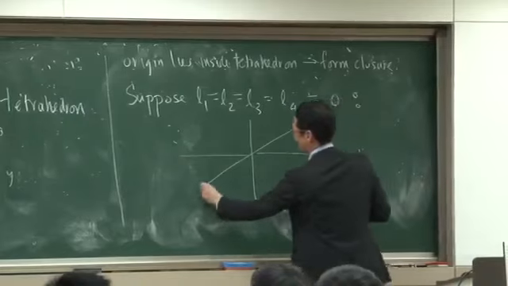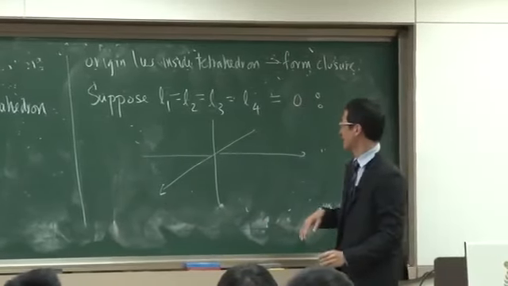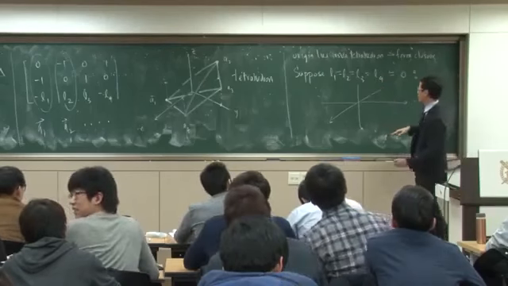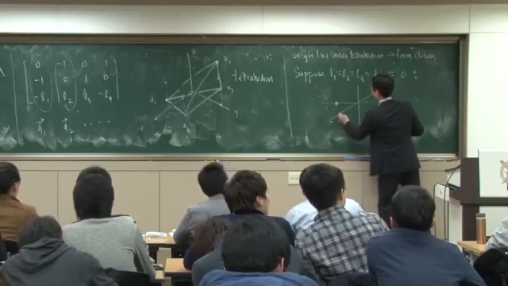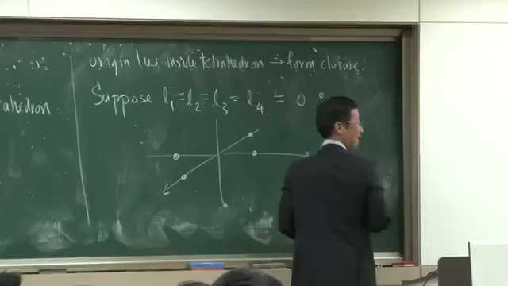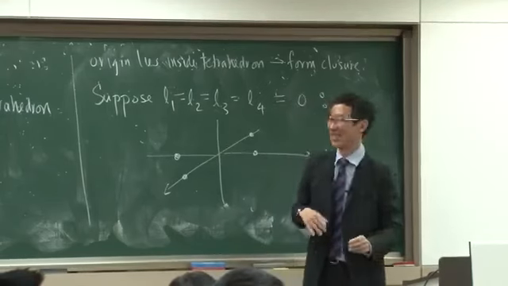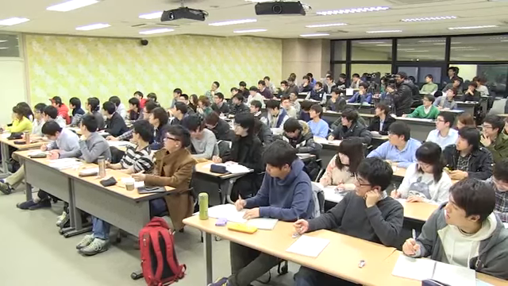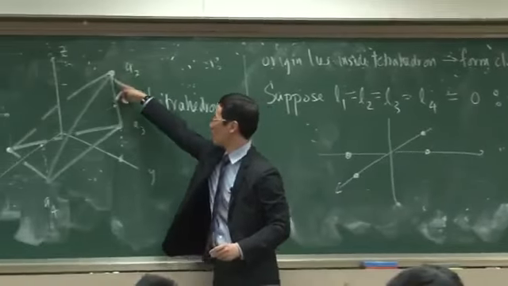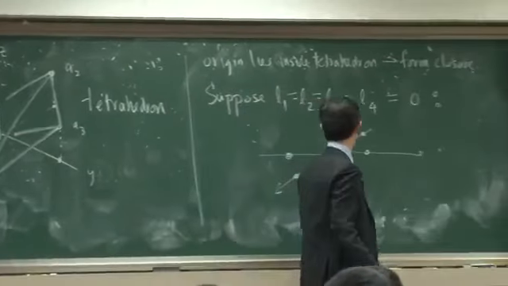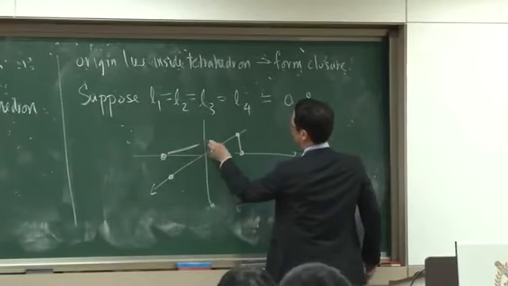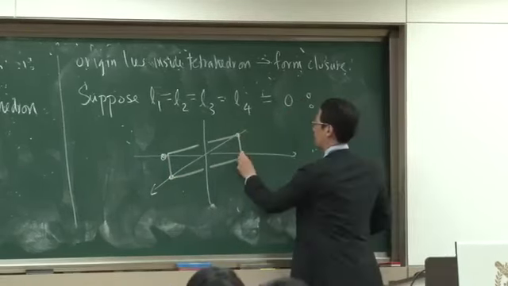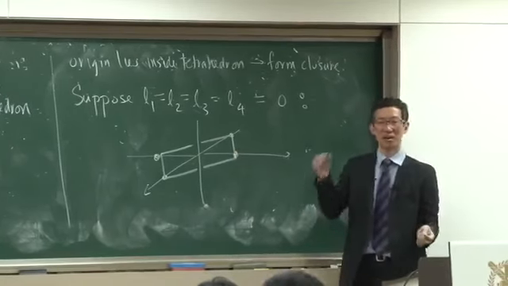If L1, L2, L3, L4 are 0, what happens to these points? These points all drop to the xy plane. So the tetrahedron now becomes a square.